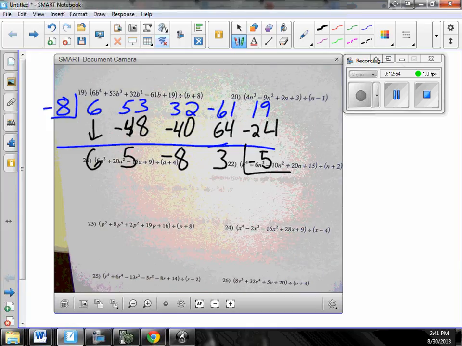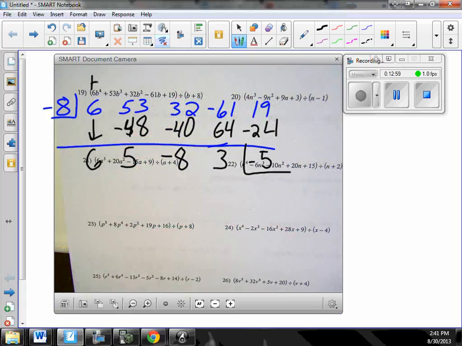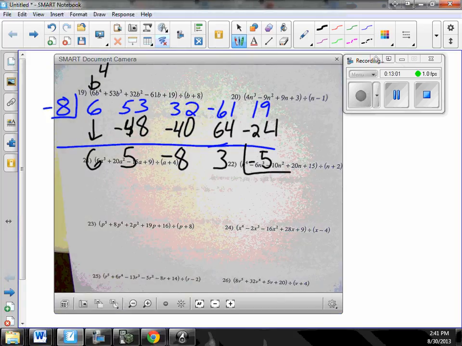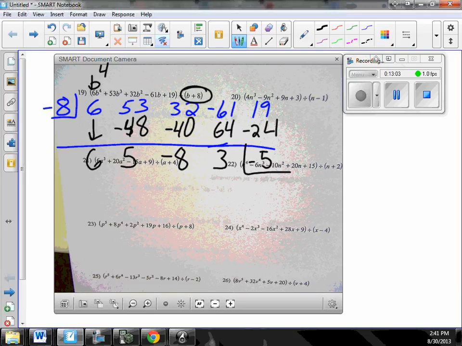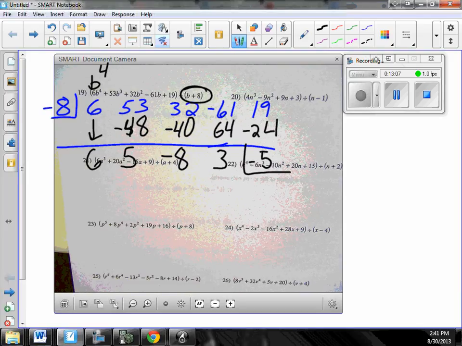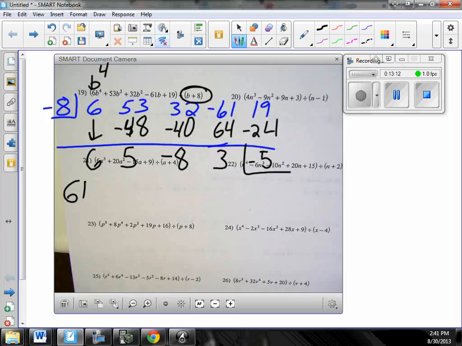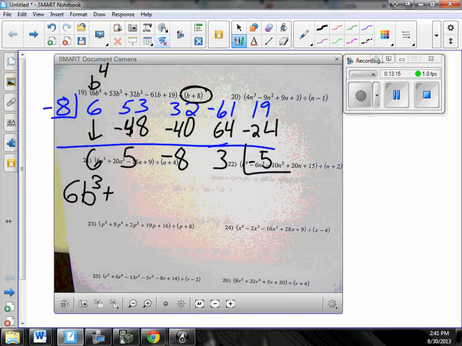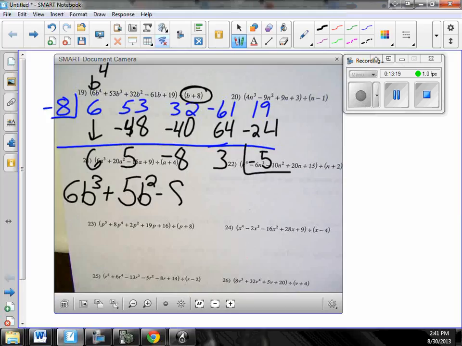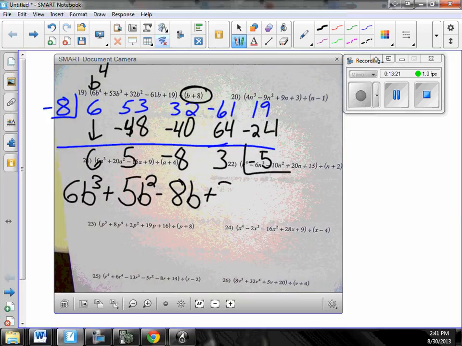Does everybody understand that? So it has dropped down from b to the 4th down to b to the 3rd. So this is 6b to the 3rd plus 5b squared minus 8b plus 3.